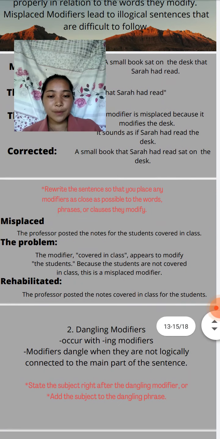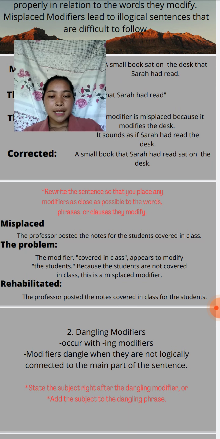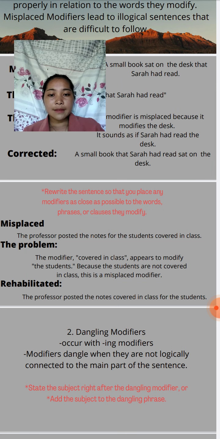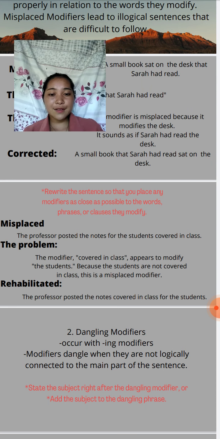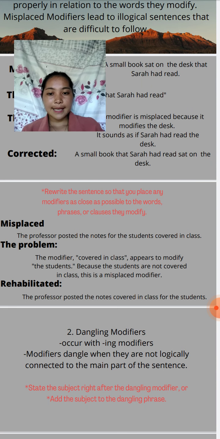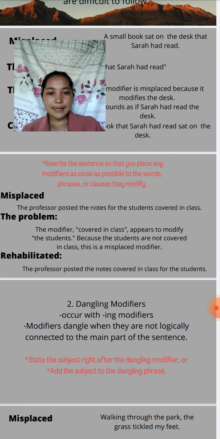So let's now proceed to misplaced modifiers. We will rewrite the sentence so that you can place any modifiers as close as possible to the words, phrases, or clauses they modify. So, another sentence example. The professor posted the notes for the students covered in class.